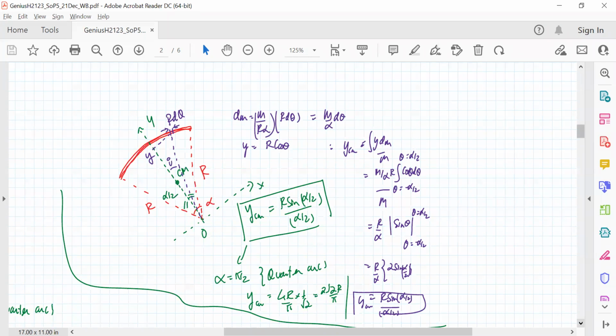Only thing that changes is the limits. In the integration, the limits for theta for semi ring were from minus pi by 2 to plus pi by 2. You can go over your notes and see it. Here it is replaced with minus alpha by 2 to plus alpha by 2. So that will give us this formula, which is again a standard formula which you can memorize. Okay, that for any general arc, it is r sine alpha by 2 divided by alpha by 2.